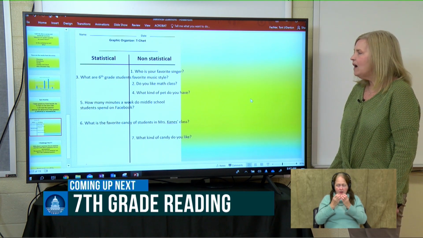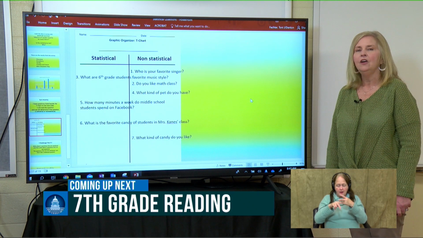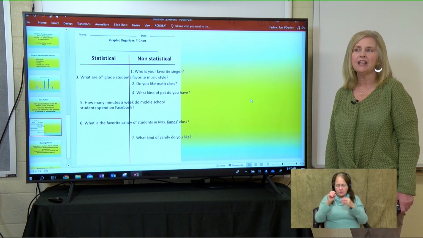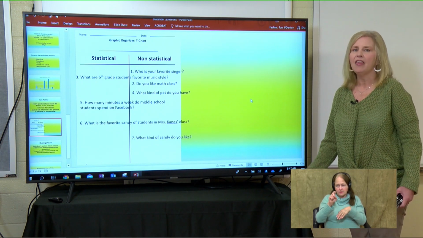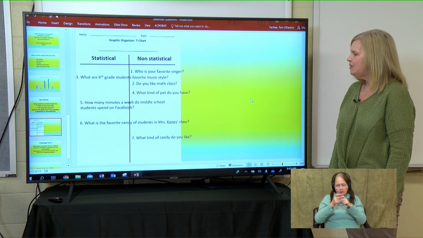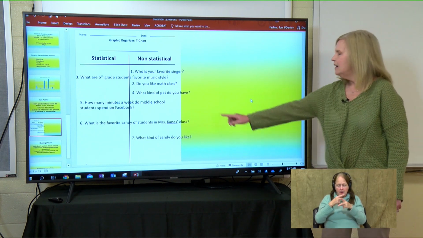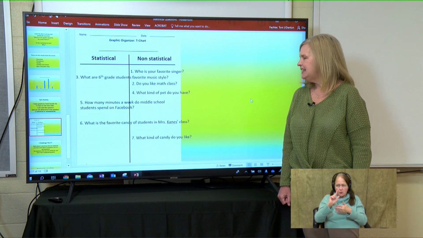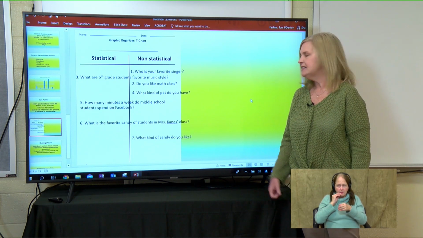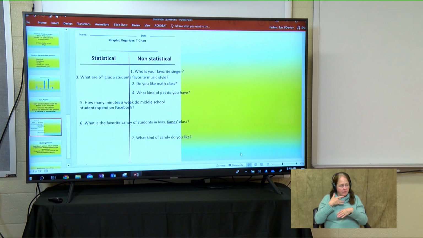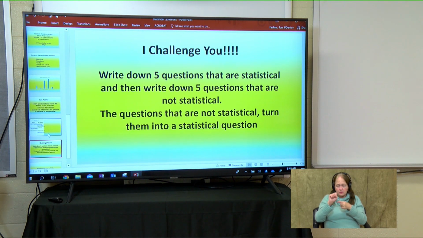Number 4, what kind of pet do you have? Well, you could say, what kind of pets do the teachers at Denton Magnet School have? That changes it to a statistical question. Number 7, what kind of candy do you like? And this is the statistical question for this one. What is the favorite candy of students in Miss Kane's class? That's a way to turn them.